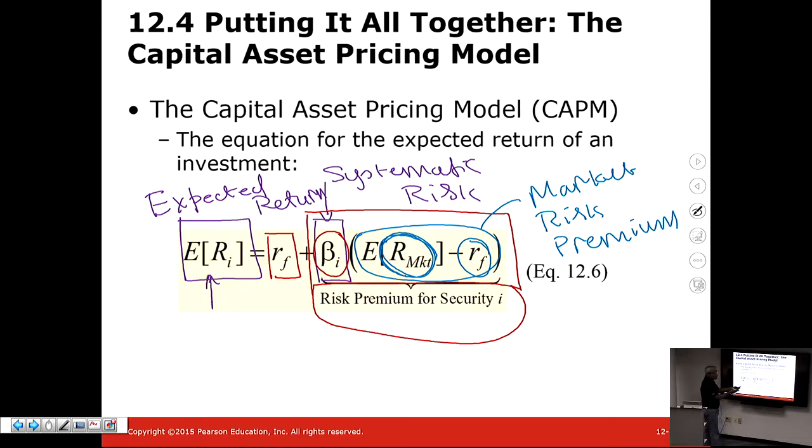It's kind of like the excess return definition. So it's a simple, elegant equation that governs for us the relationship between expected return and systematic risk.